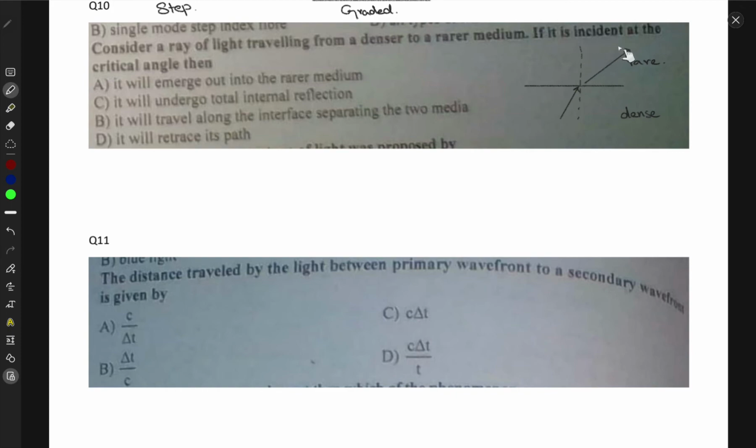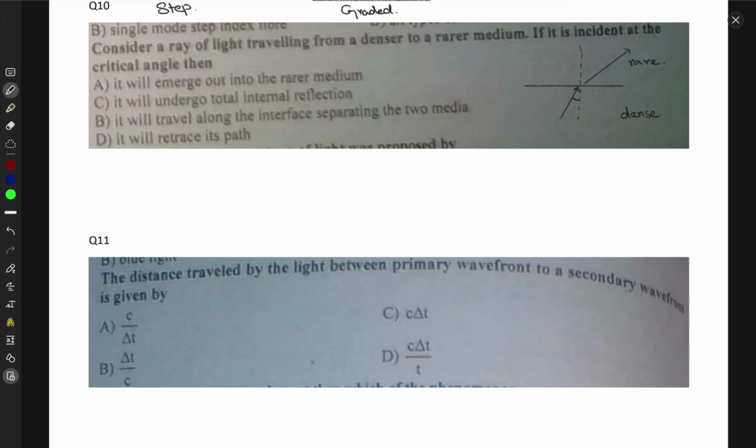Now if they're saying that the incident angle is the critical angle, so the ray is moving in the denser medium and the angle is equal to the critical angle, what will happen then? Will it emerge out into the rarer medium, will it undergo total internal reflection, will it travel along the interface separating the two media, or will it retrace its path?